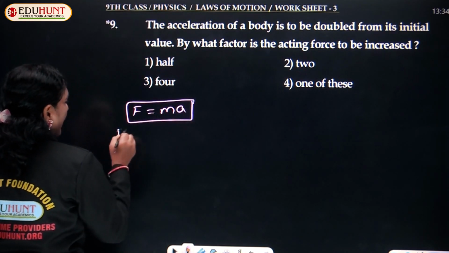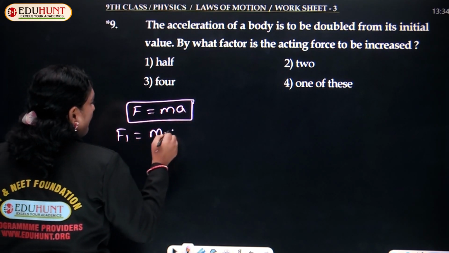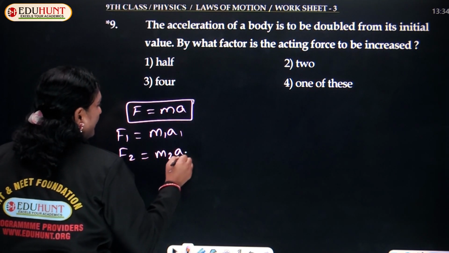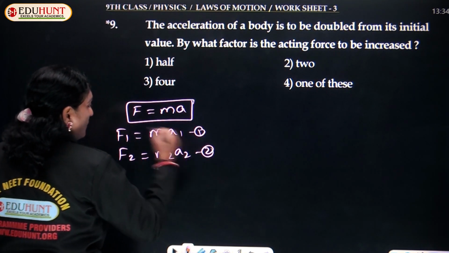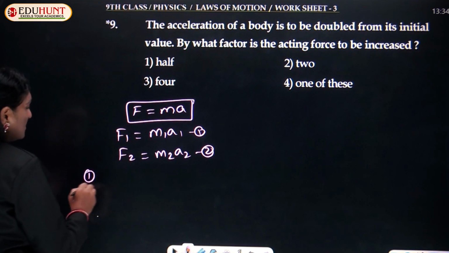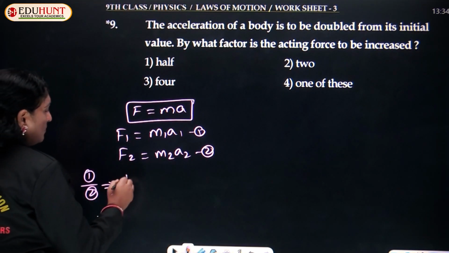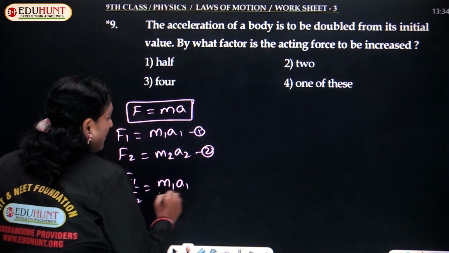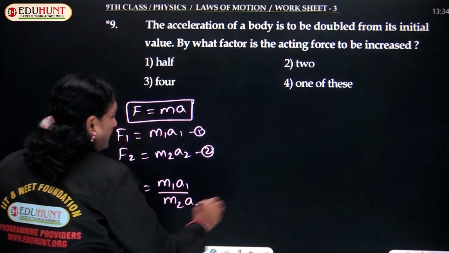This implies F1 is equal to m1a1 and F2 is equal to m2a2, equation 1 and equation 2. Dividing these two equations, we have F1 by F2 is equal to m1a1 by m2a2.